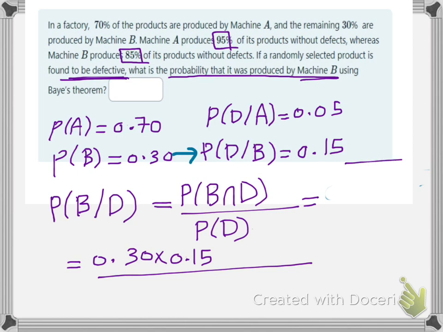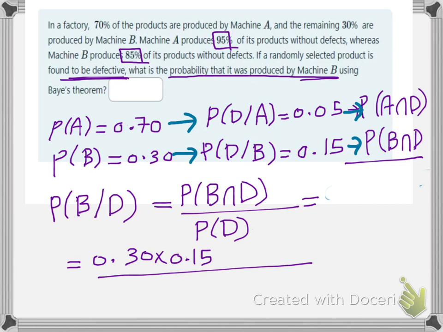We can get it by getting probability of A and defective, and probability of B and defective. These two probabilities we can get by multiplying: A multiplied by D given A gives probability of A and defective, and B multiplied by D given B gives B and D. So add them.